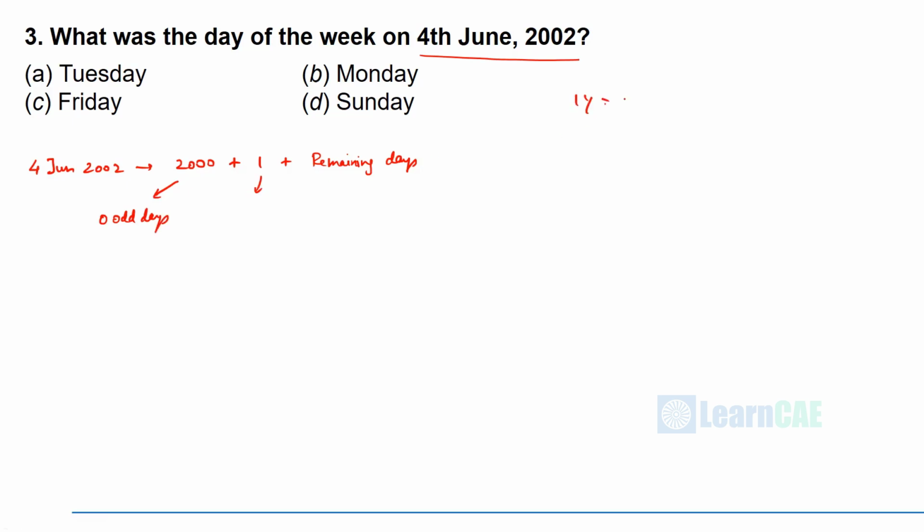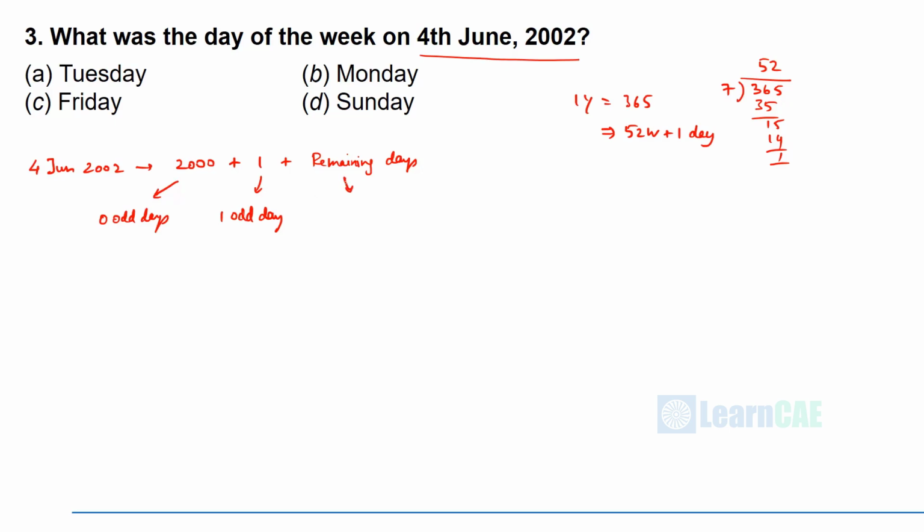So 1 year is equal to 365. We shall divide this by 7. 365 by 7. So 5 sevens are 35, 1 5, 2 sevens are 14. So 365 days has got 52 weeks plus 1 day. Therefore, in 1 year there is 1 odd day.